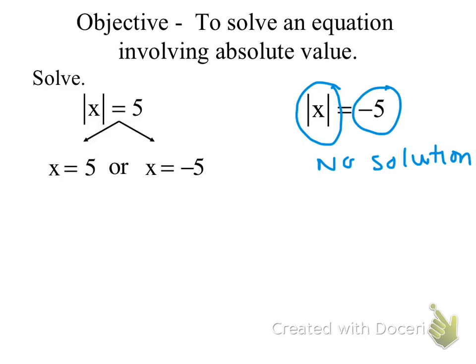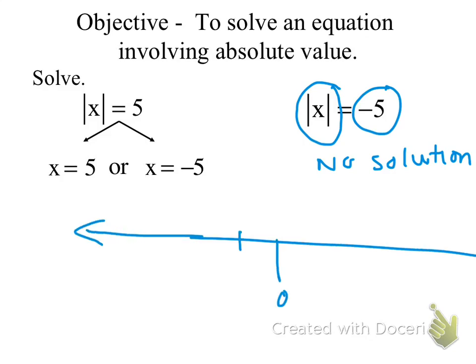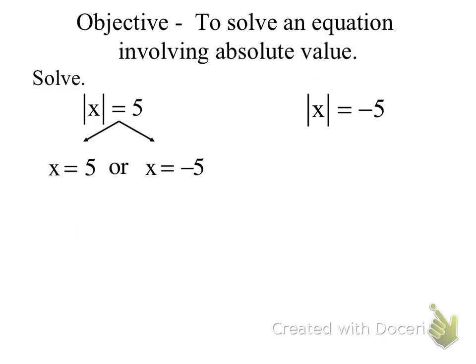And it doesn't matter if this is my number line and here's 0, even if I move to -1, it's still one jump to the left. It's a positive value. So there are no absolute values that equal a negative quantity because distance cannot be negative.